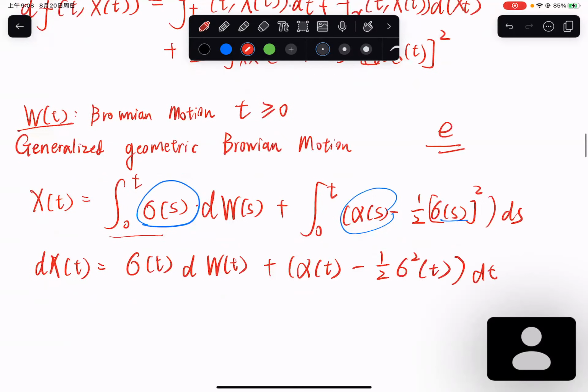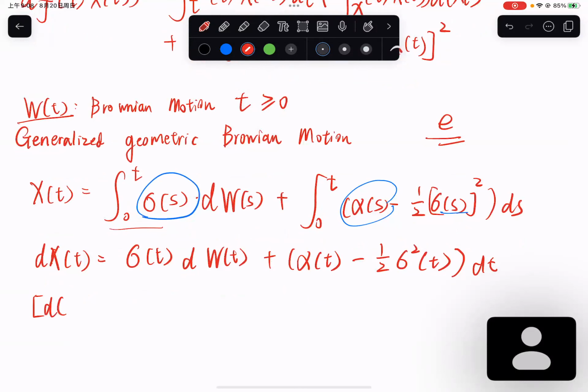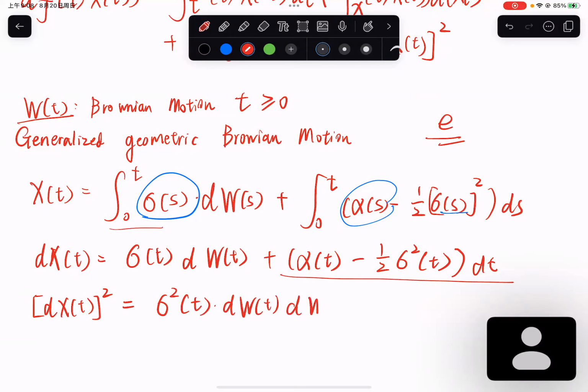If we take the square of this dX_t, what is going to happen? We do not have the dt items, because now we are only considering the dW part, so this becomes sigma_t squared dW_t dW_t.